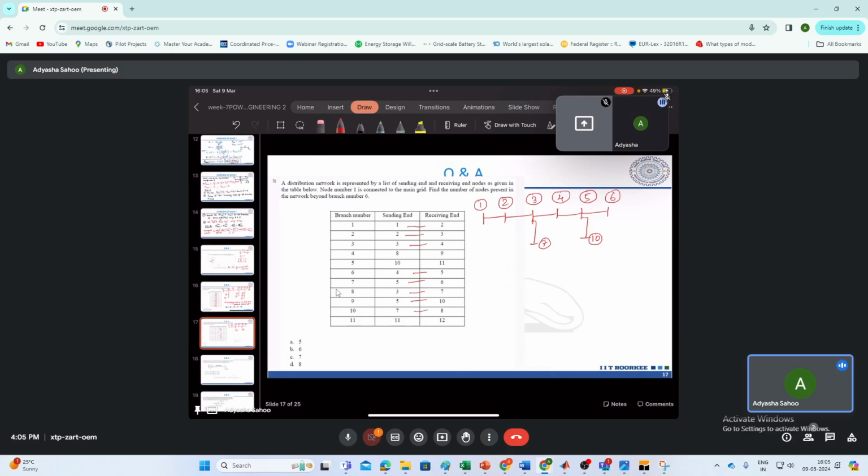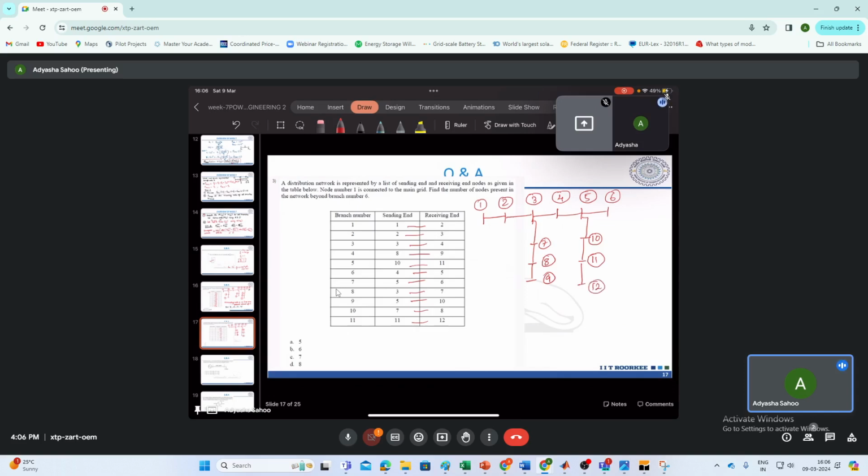Then 8 to 9, 10 to 11, and 11 to 12. So this is my structure here.